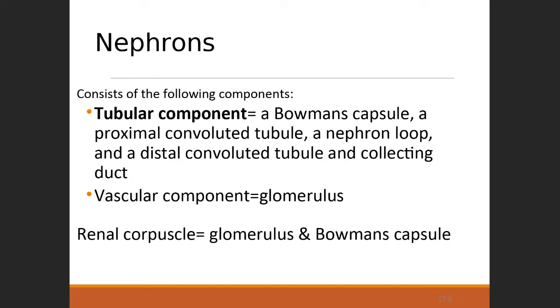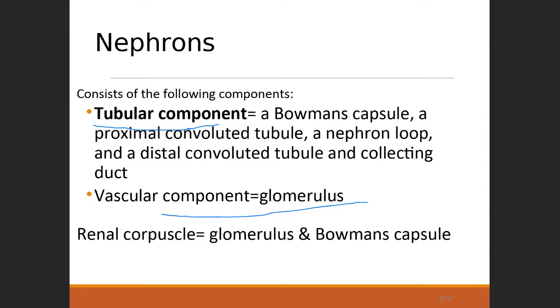So when we look at the nephron and start breaking it down, we can look at it grossly as a vascular component, where the filtration from the blood will actually occur, and the tubular component, where the reabsorption is going to occur back into the circulatory system. Now, when we look at our vascular component, remember we had our glomerulus.